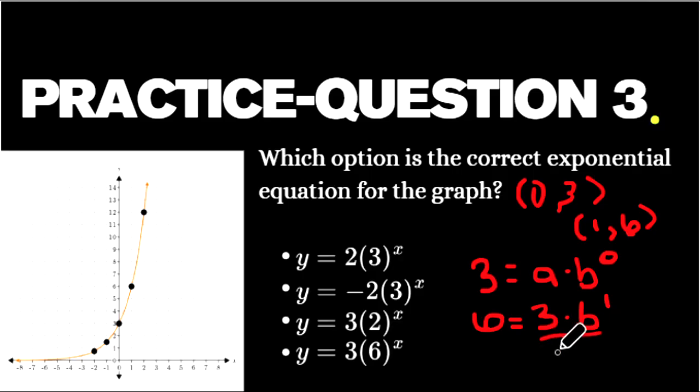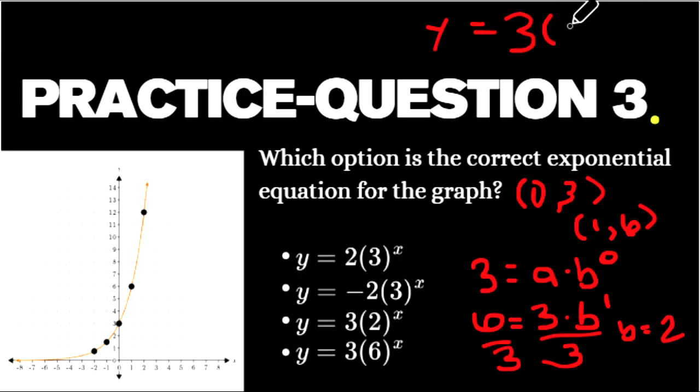So we're going to divide both sides by 3. And that's going to give us b is equal to 2. So our final formula should be y is equal to a, which is 3, times b, which is 2, raised to the power of x.